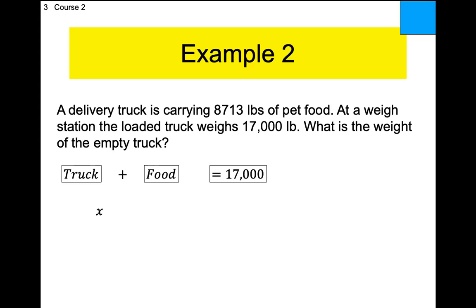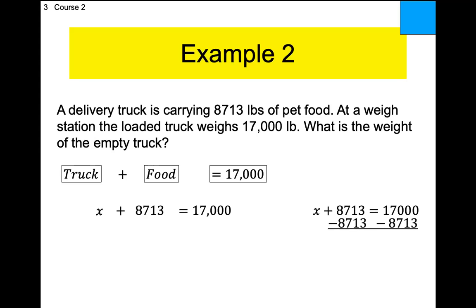What I don't know is the weight of the truck. That's my variable. Now, what you guys said immediately, it's subtraction. Guess why you said subtraction? Because guess what happens when you solve this equation? You're subtracting. So once again, this is just a one-step equation. How do we get x by itself? We subtract 8713 from both sides. Anybody got the answer? What do you got?